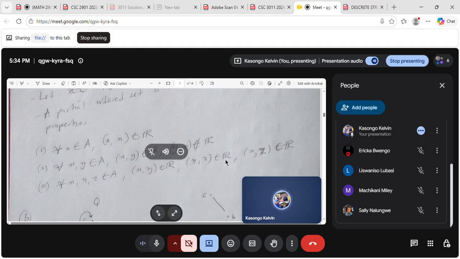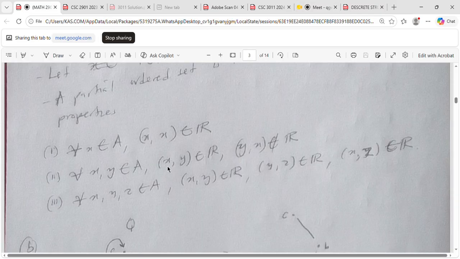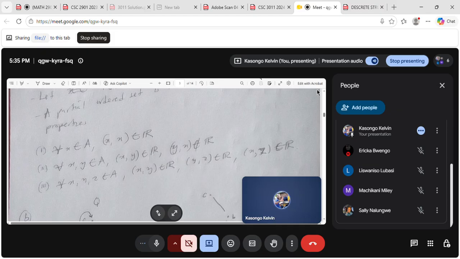Property number two, we have x and y are related, but y and x are not related. What property is that? Millie, what property is that?